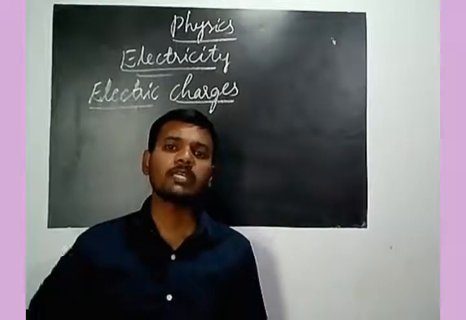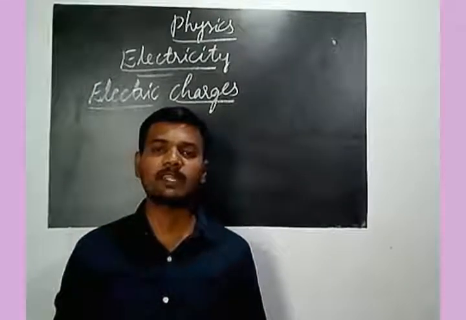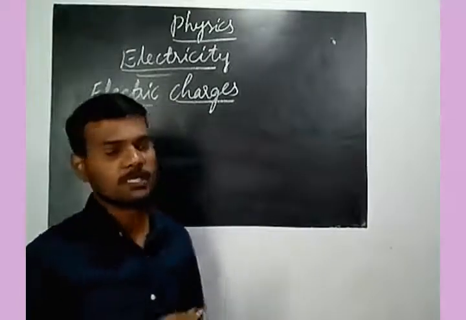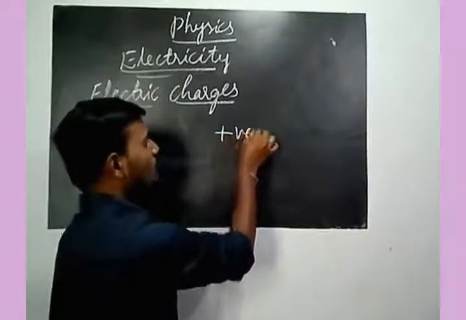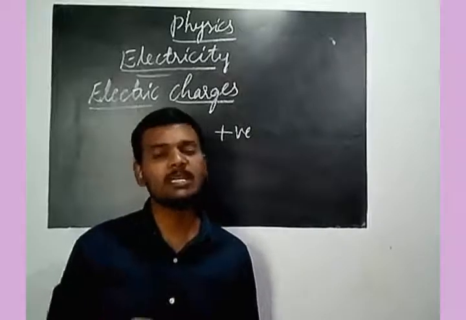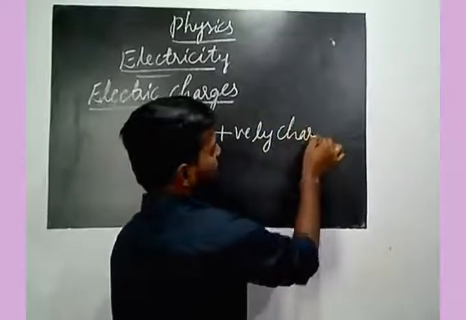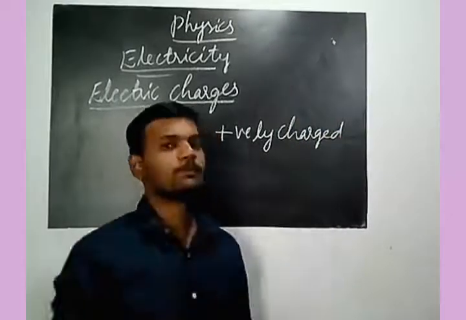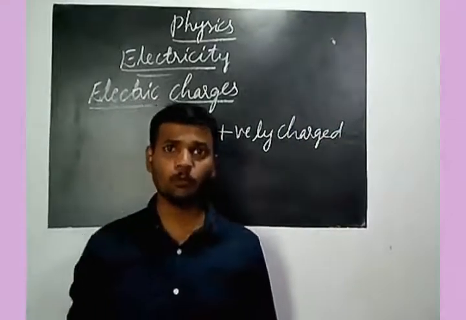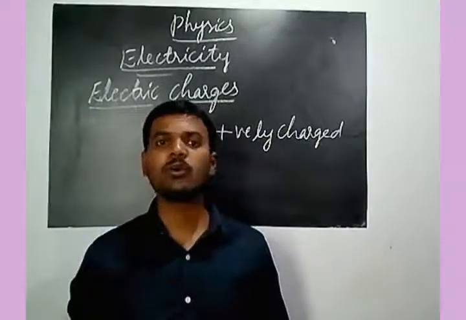If a body loses electrons or donates electrons, then it acquires a positive charge, and the body is said to be positively charged. Why? It loses electrons or donates electrons to another one.